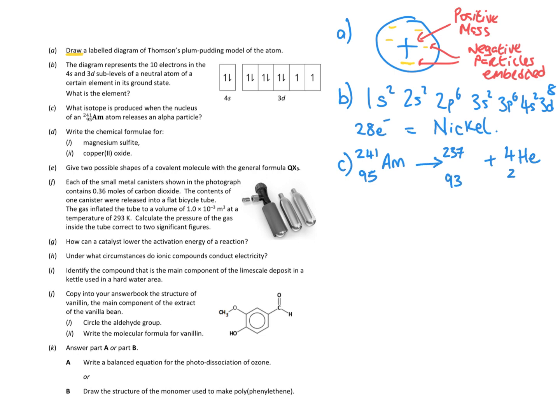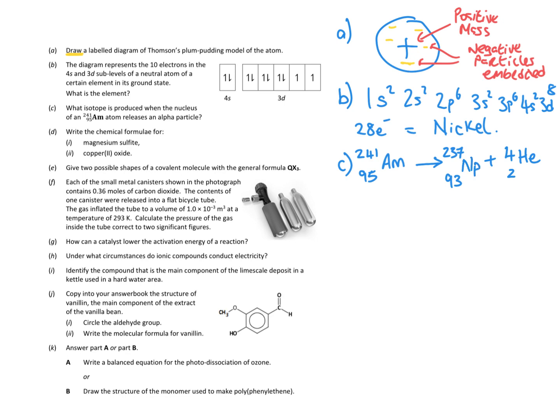Because our atomic number has decreased by 2, that means that we have lost 2 protons. So that must mean that the element is now 2 steps to the left on the periodic table. And the element that's 2 steps to the left of americium is neptunium.